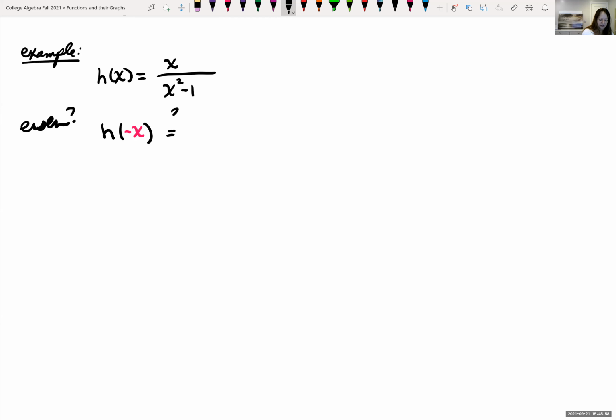And if it's even, then this would equal our original function h of x. So h of negative x, that's just telling me that I'm going into my function, and wherever I see an x value, we're going to replace it with negative x.